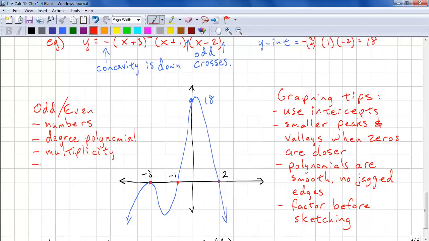And you need to review all these. We have odd and even functions. We haven't covered this yet. We will be covering this later, but there are lots of different ways to use odd and even, so you need to be clear about how you are specifying it. So you need to say odd or even numbers, odd or even degree, odd or even multiplicity, and odd or even functions. And that completes this lesson.